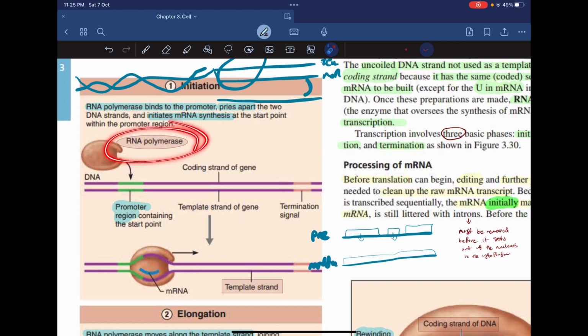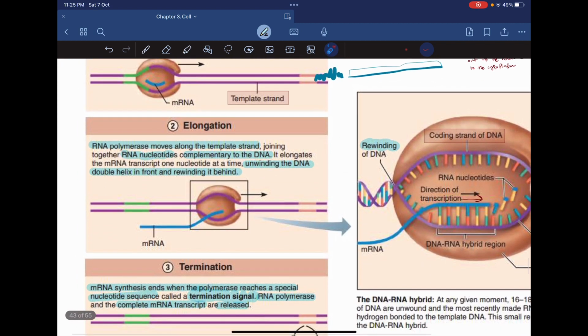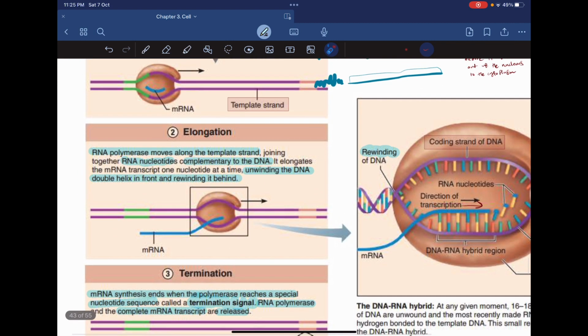So RNA polymerase comes, binds to it, and the double DNA helix unwinds. In the elongation, the RNA polymerase slides along the DNA, and once the RNA polymerase reaches the terminator region, the mRNA is complete.